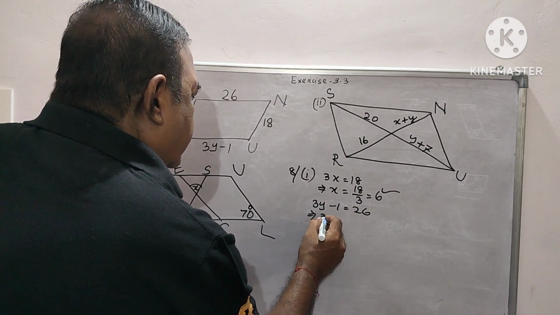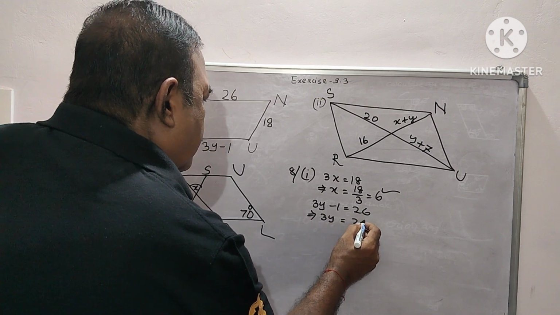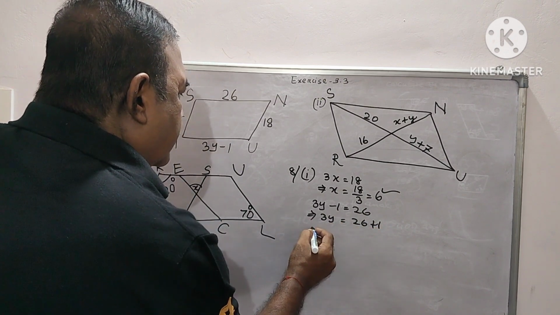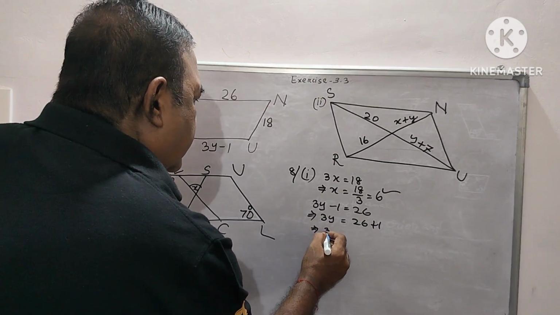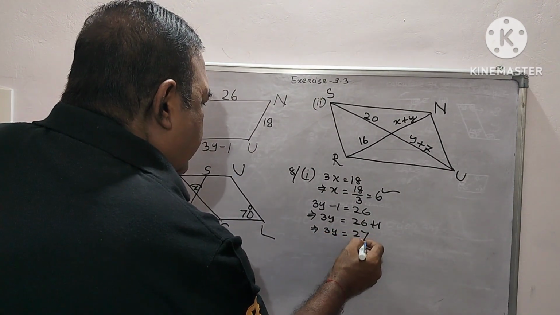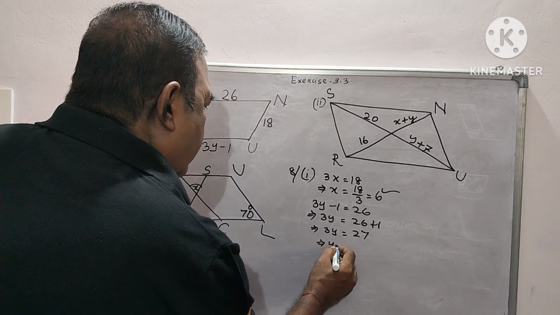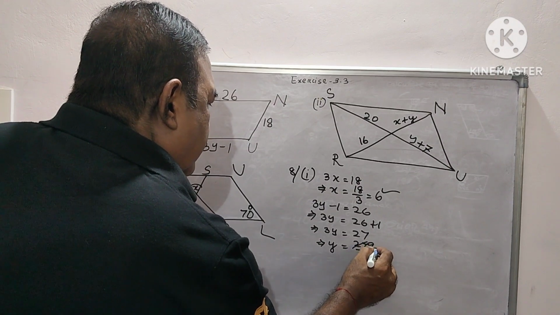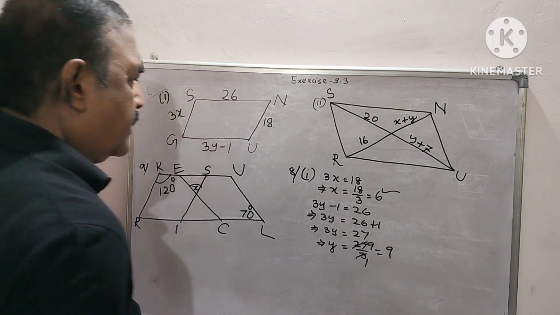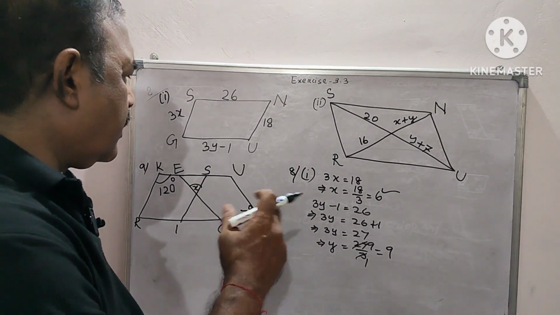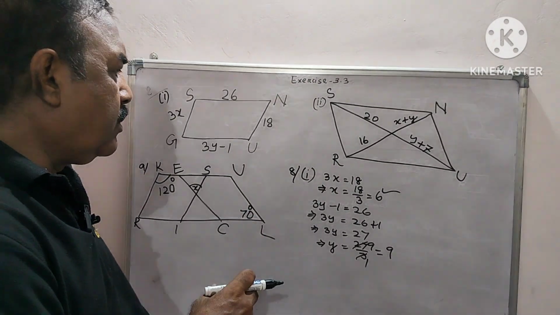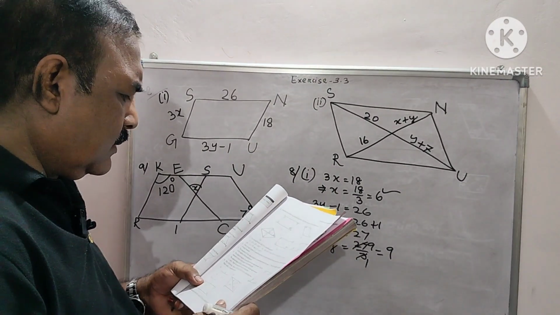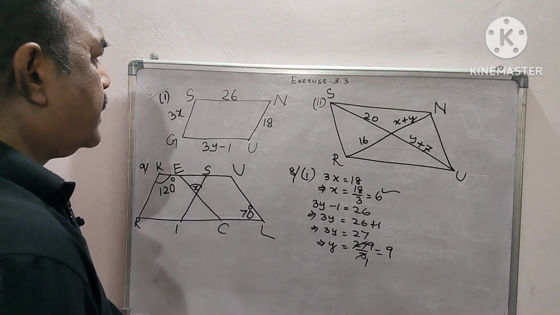That implies 3y is equal to 26 plus 1. That implies 3y is equal to 27. That implies y is equal to 27 upon 3, that is equal to 9. So here we got x is equal to 6 and y is equal to 9. We got the values. Then come to the second figure.